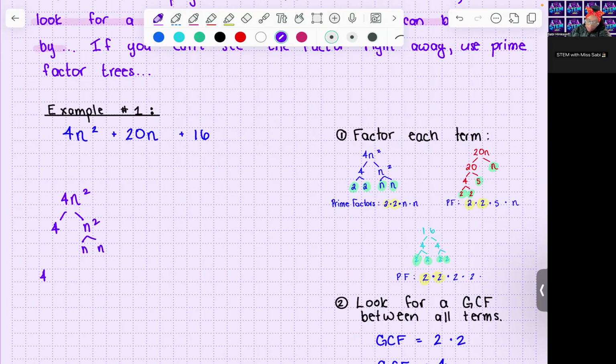So I'm just doing a factor tree, but with algebra, which is something that you're not used to. So how do we factor the 20n? Well, the 20n, we can say n times 20. How do I break down the 20? 5 times 4. And then the 4 can be further broken down into 2 and 2. So here are my prime factors.